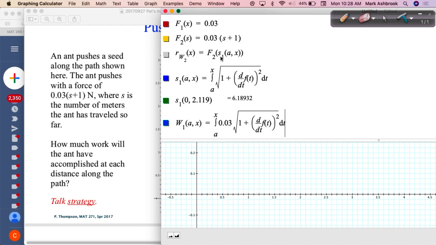So what else do I need? It's in terms of the variable x, but it's still force as a function of arc length. And I need that rate to be force as a function of x. So how do I get it to be in terms of x? So I'm going to need this thing again.